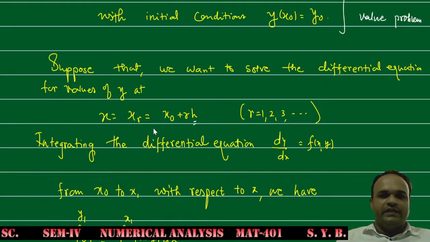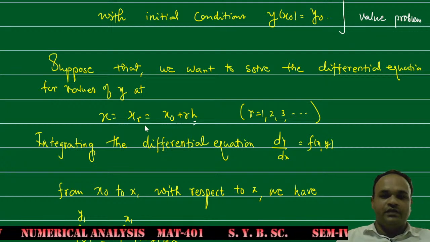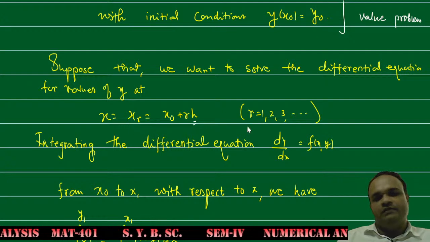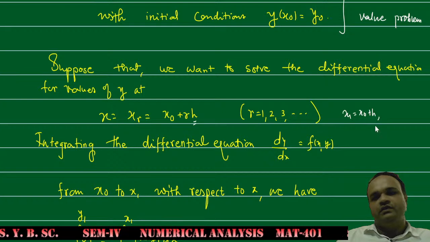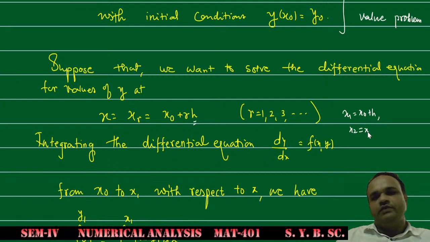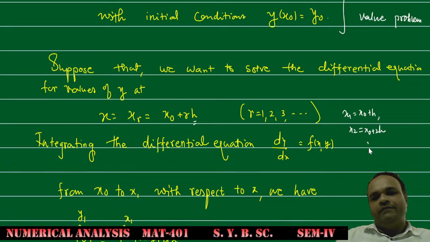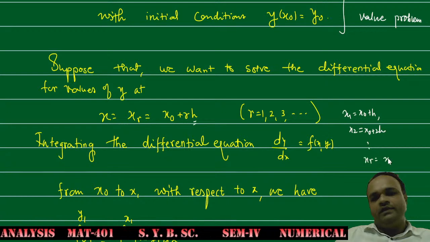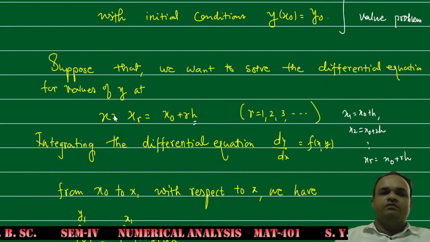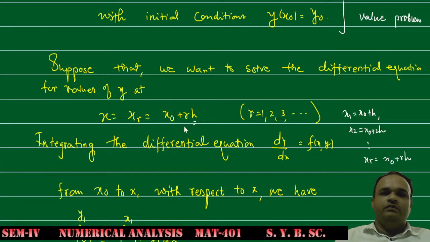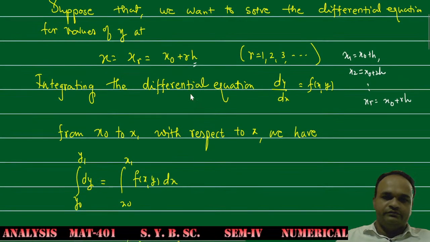So x0 is the first value of x, then x1 will be x0 plus h, then x2 will be x0 plus 2h, and likewise xr will be x0 plus rh. So we want to solve the differential equation for values of y at x equal to xr. That is what we find.